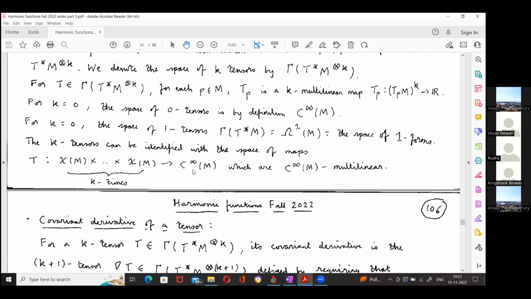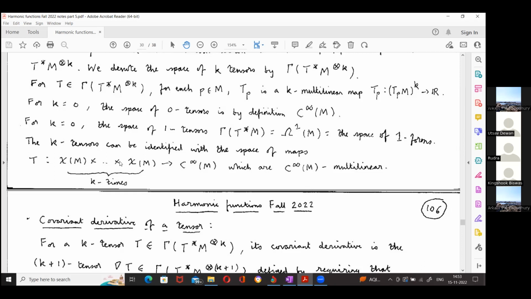So if I multiply any vector field here by a function, then that function should come out. Remember, the maps which are C∞(M)-multilinear correspond to tensors, right? These are local operators, right?